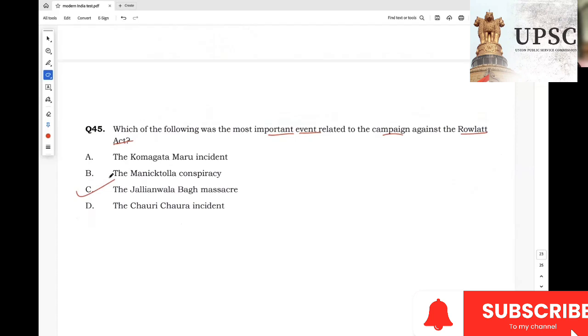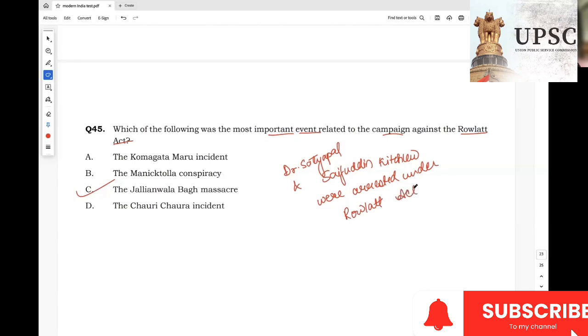Because we know that there were two people, Dr. Satyapal and Saifuddin Kitchlew, who were arrested under the Rowlatt Act, and some people gathered to protest against their arrest, right? So it is the Jallianwala Bagh massacre.